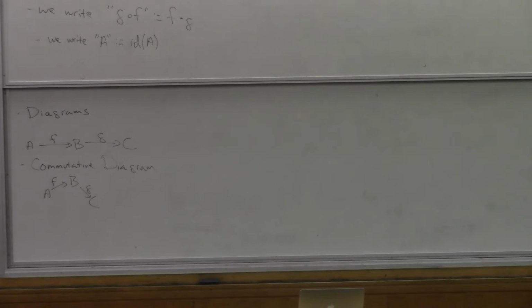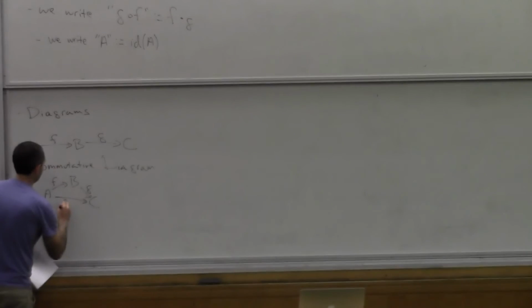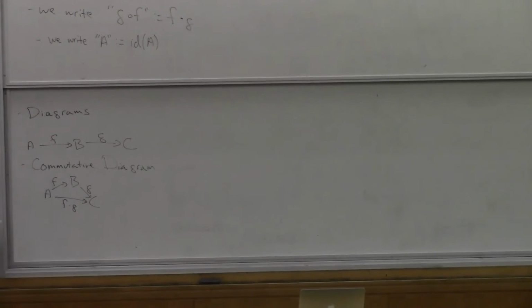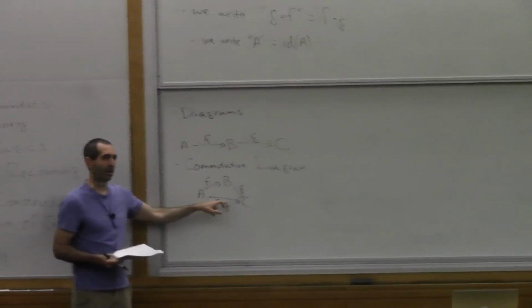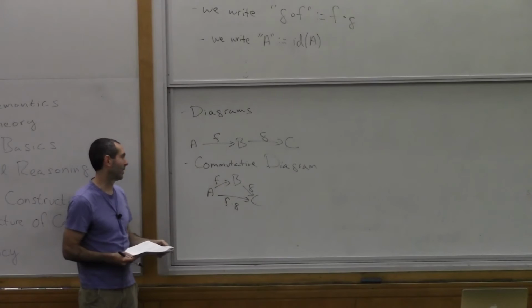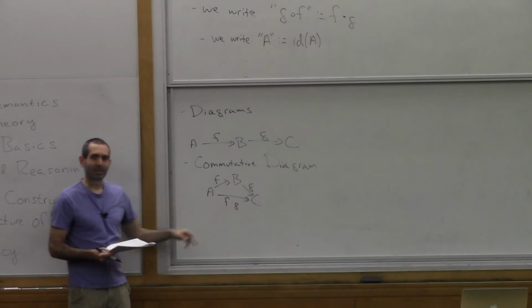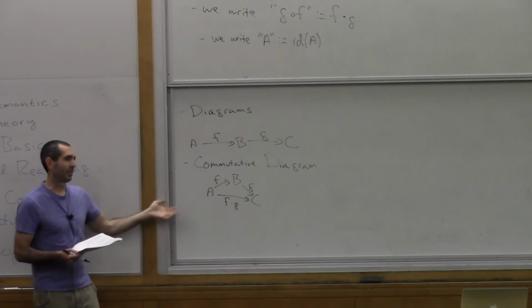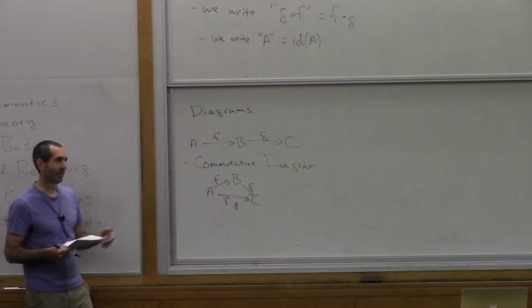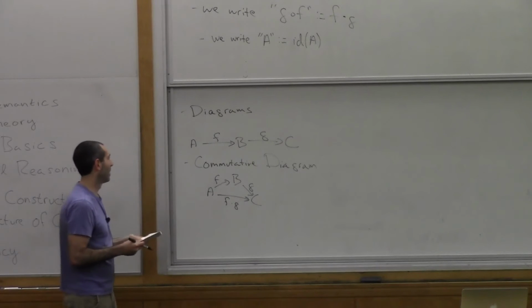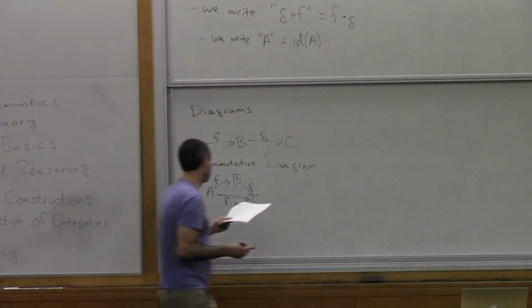For every 2 morphisms that share a boundary point, which is the codomain of one and the domain of the next, we know that there is a morphism F composes G. And diagrammatically, this is saying that the arrow F followed by the arrow G is equal to, as an arrow, in the algebraic theory of arrows, the arrow F composes G. Does that make sense? Okay. I mean, this is just a triviality based on the definition of the category. But we can use this to good effect.